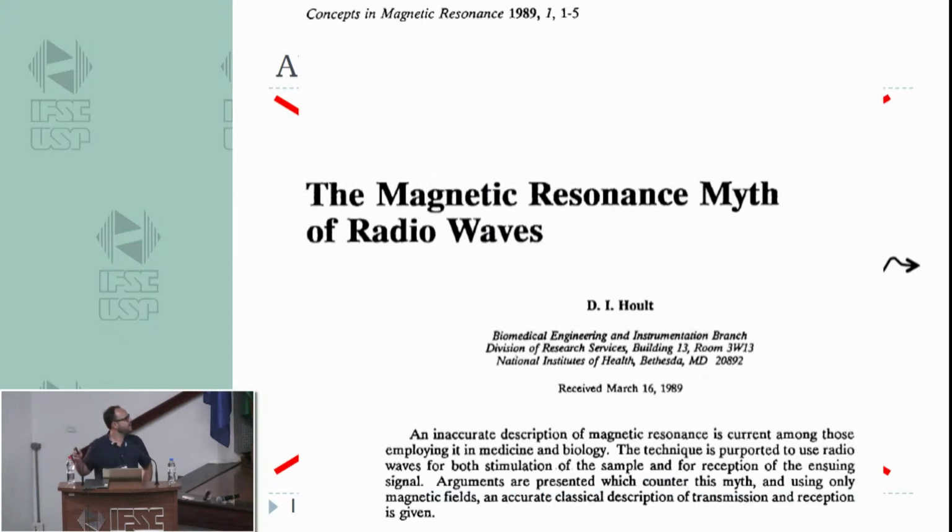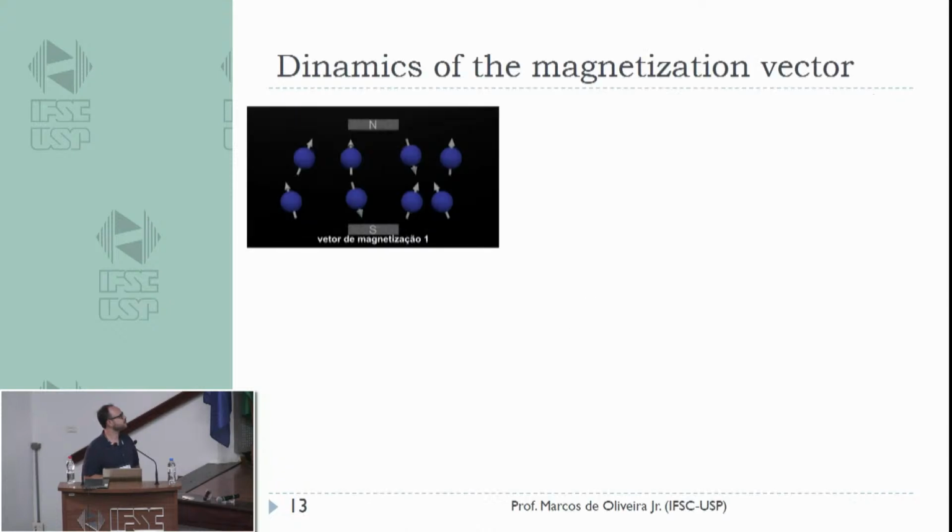We have this paper published here in Concepts in Magnetic Resonance in '89 because they were worried about the biology community that was treating NMR like optical spectroscopy, and then getting the wrong impression of the technique. So now I will try to explain how we actually do NMR, and I hope that it's understandable for everyone.